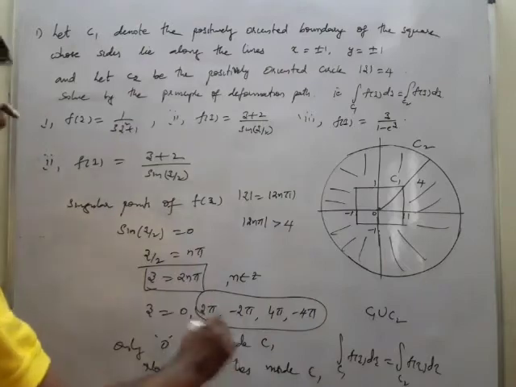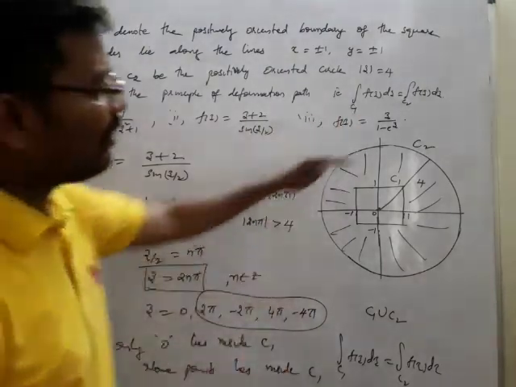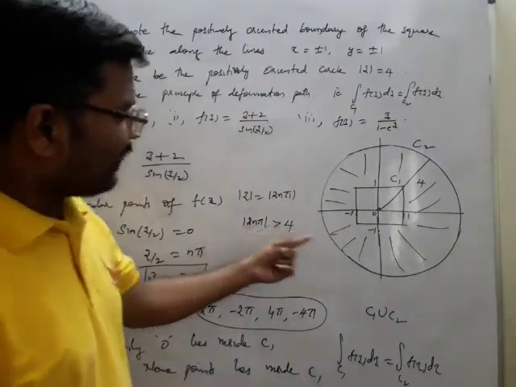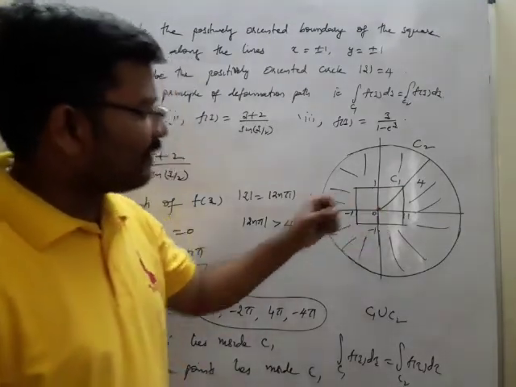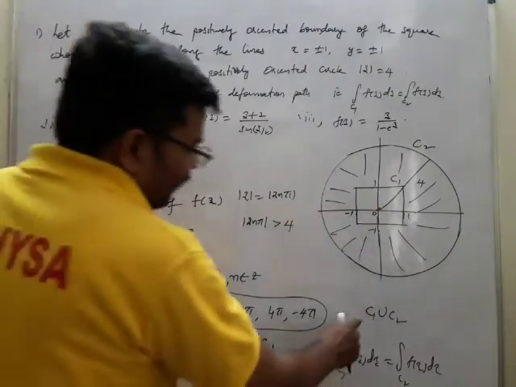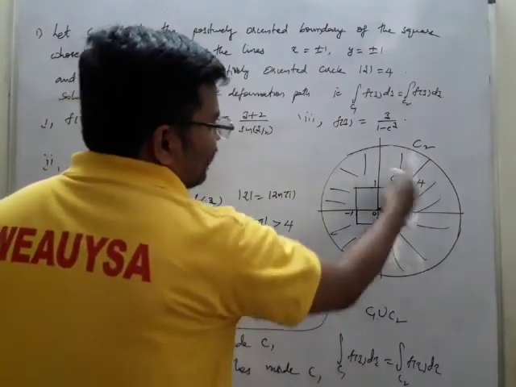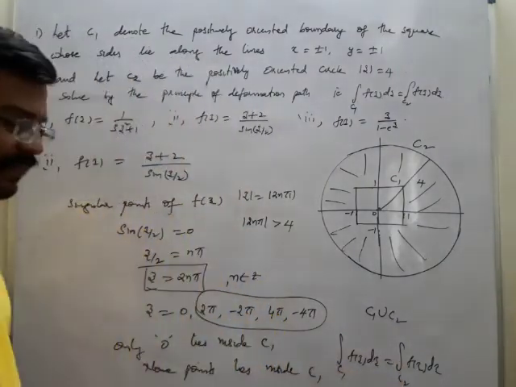This is how we analyze the points which lie outside. Because the modulus is greater than 4, they lie outside, and only the 0 point lies inside C1. So none of the points lie in the common region of C1 and C2, and the integral over C1 of f of z equals the integral over C2 of f of z.